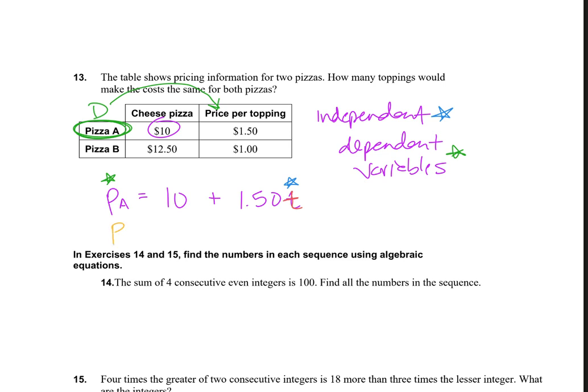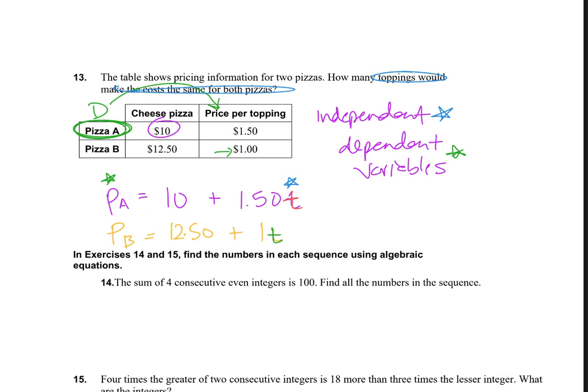Well, guess what? The price of pizza B is $12.50, and then we can add $1 per topping, which I will never really write 1 in front of my variables, but I did in this situation just because it's 1 right there. So here's what they're wanting to know: how many toppings would make the pizzas cost the same?